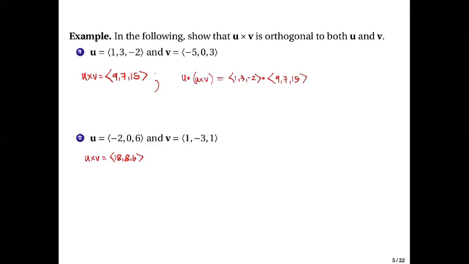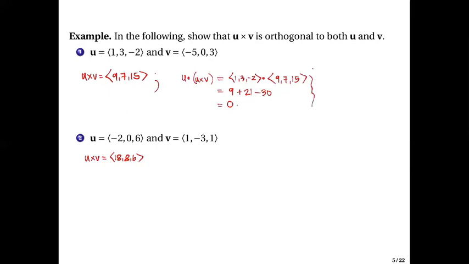For the dot product, we just multiply component-wise. So 1 times 9, that's 9. 3 times 7, that's 21. So 9 plus 21, and then minus 2 times 15, that's negative 30. So minus 30. And indeed, 9 plus 21 is 30. Minus 30, this is equal to 0.